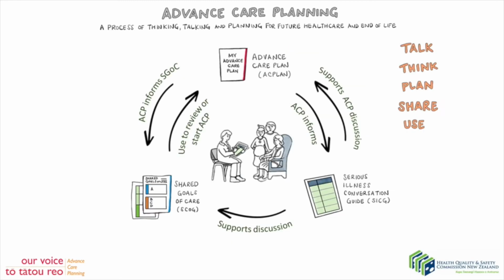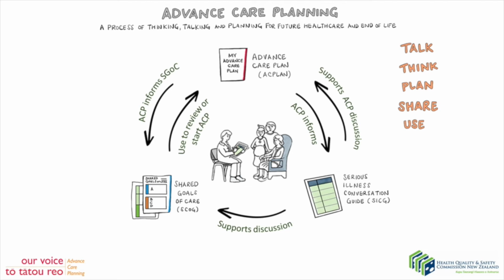The Advanced Care Plan and Advanced Care Planning ideally starts early before a serious illness. It should then inform any subsequent Serious Illness Conversation Guide conversation. The information gathered in the Serious Illness Conversation Guide supported conversation should be recorded and added to the Advanced Care Plan. The Serious Illness Conversation Guide supports Shared Goals of Care discussions.